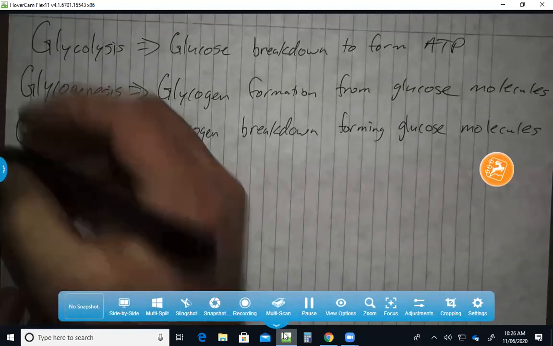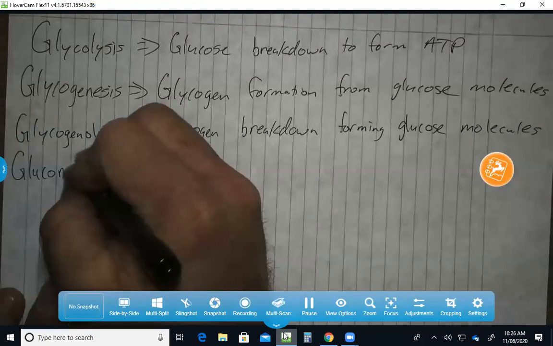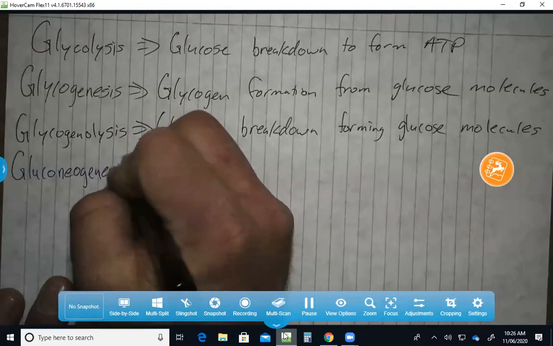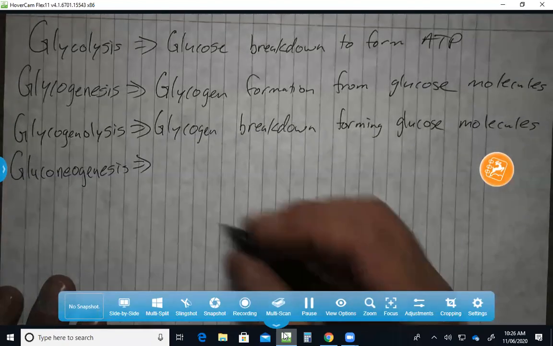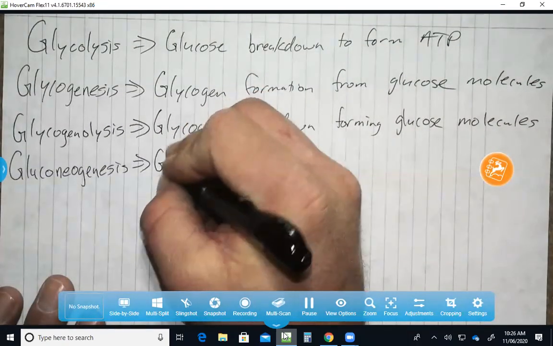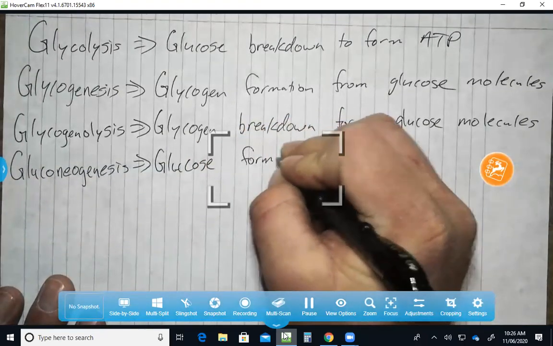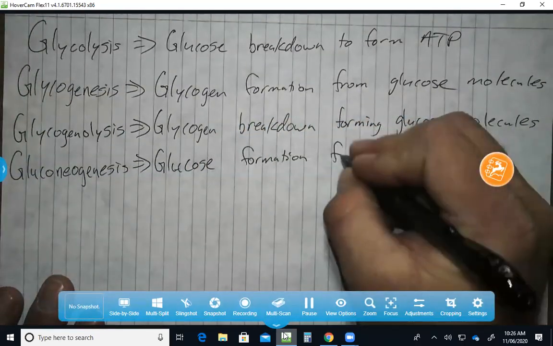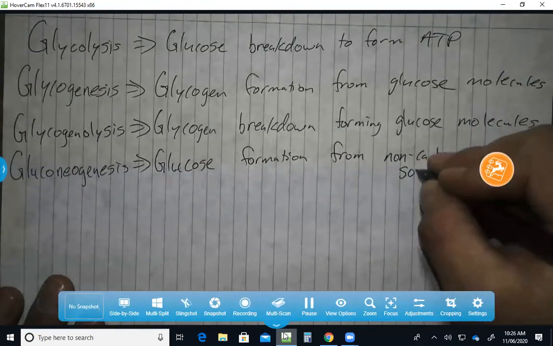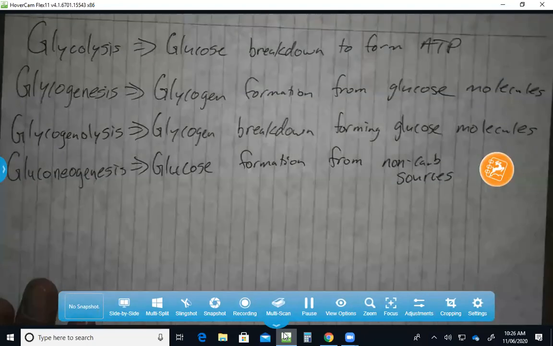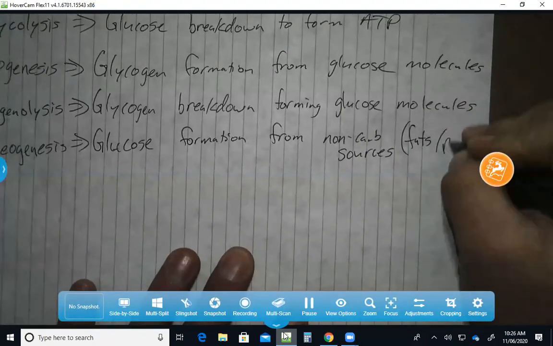We also, when our blood sugar is really low, can perform what's called gluconeogenesis, which is the formation of glucose from non-carb sources, things like fats and proteins.